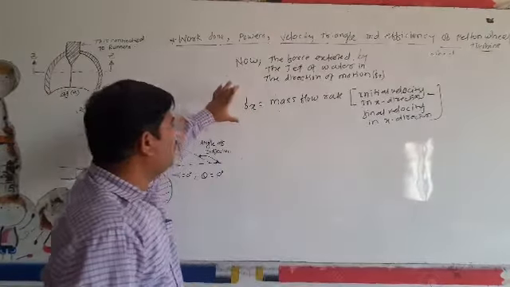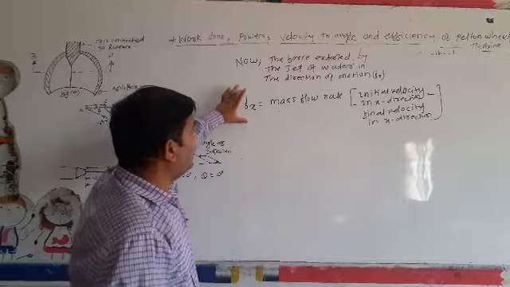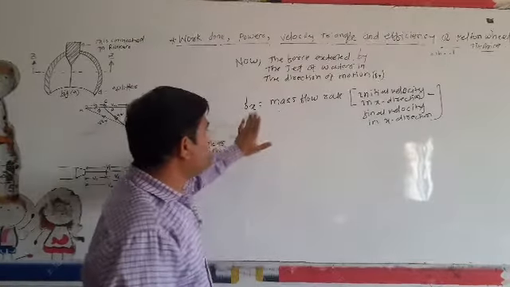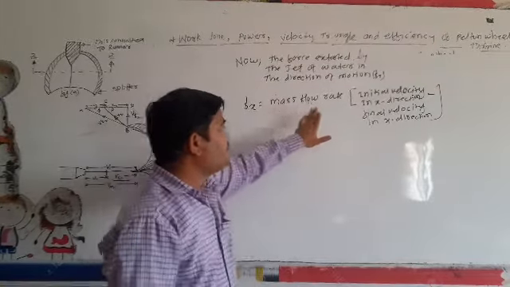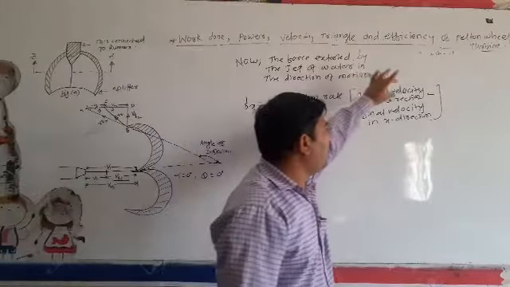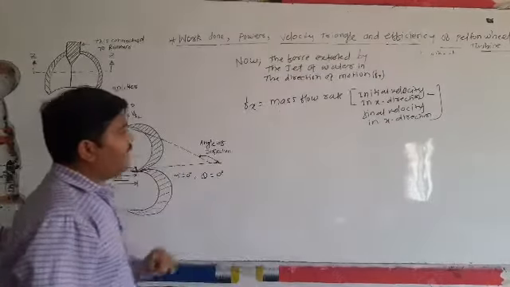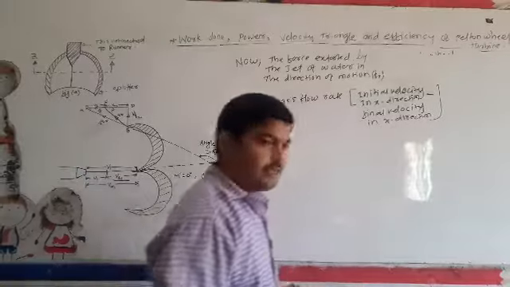We can calculate the force exerted by water in the direction of motion, which is equal to mass flow rate into initial velocity in x direction minus final velocity in x direction.